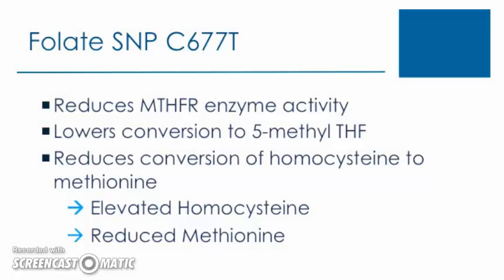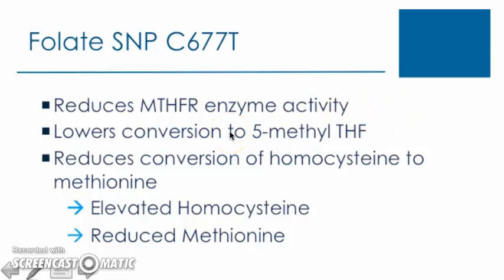So just a few more comments on this single nucleotide polymorphism of the gene coding for the methylene tetrahydrofolate reductase enzyme. There's a subportion of the population that has this polymorphism, reducing the activity of this MTHFR enzyme, which then lowers the conversion of the 5,10 methylene tetrahydrofolate to 5-methyl tetrahydrofolate.